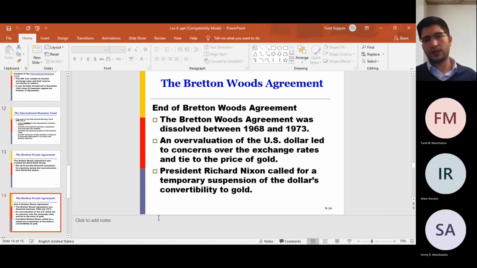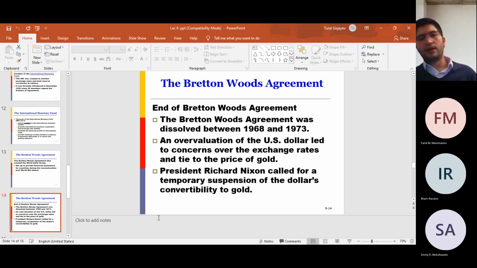Overvaluation itself is also a problem, because it also leads to unemployment. So overvaluation of the United States dollar led to concerns over the exchange rates and ties to the price of gold.